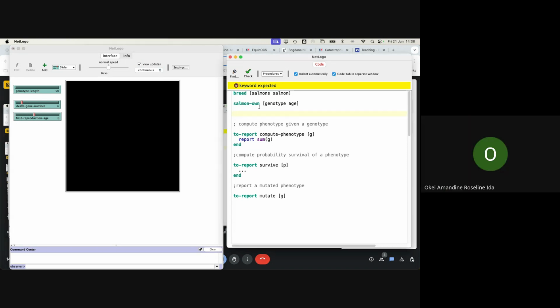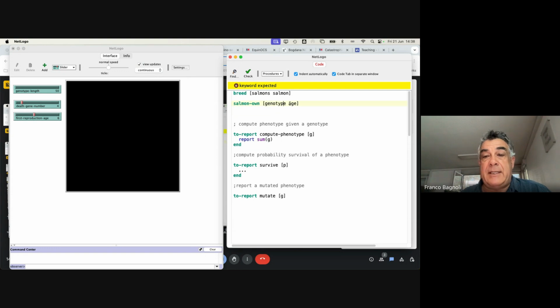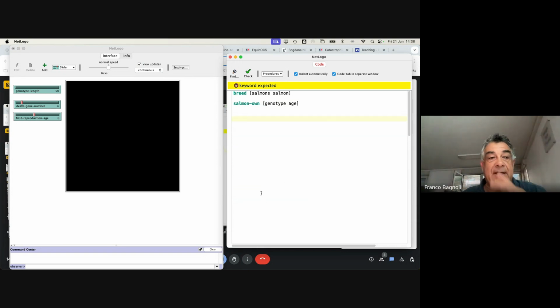So a salmon has a genotype and age. Okay, let me for the moment remove this, because otherwise. To set up, we shall ask a certain number of cells here to give birth to a random salmon. To set up, ask turtles.